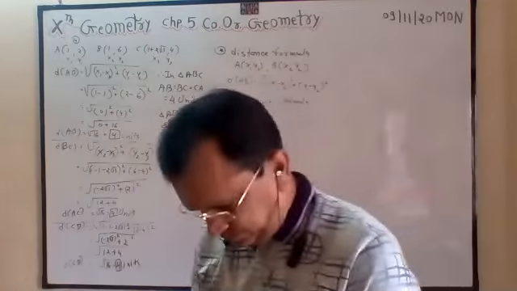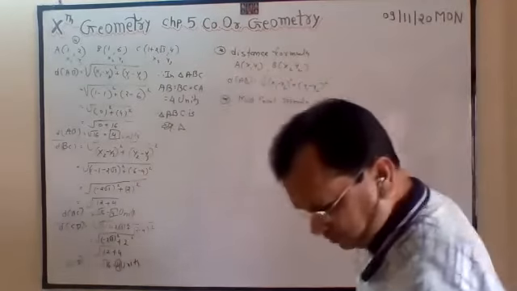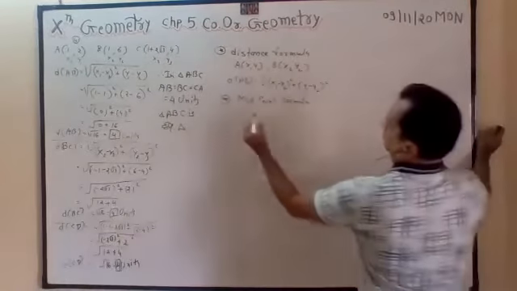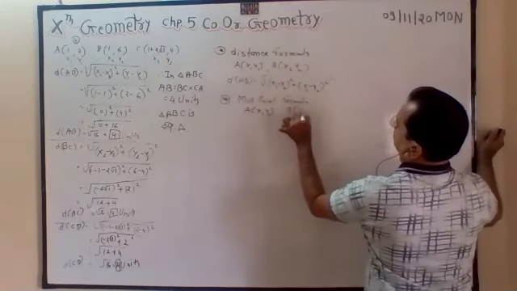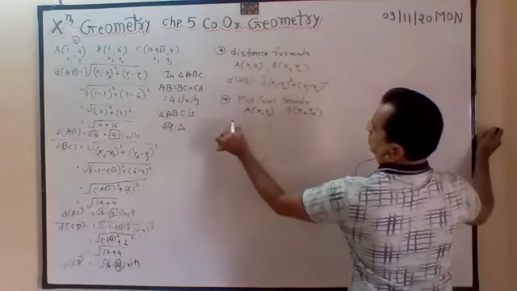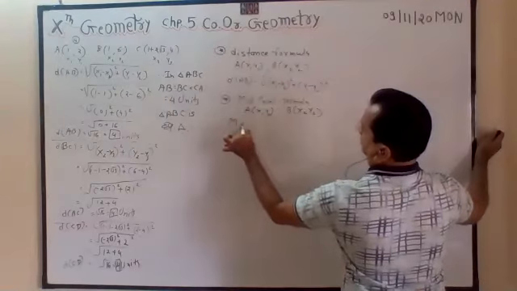Midpoint formula. For A equal to x1, y1, B x2, y2, the midpoint.